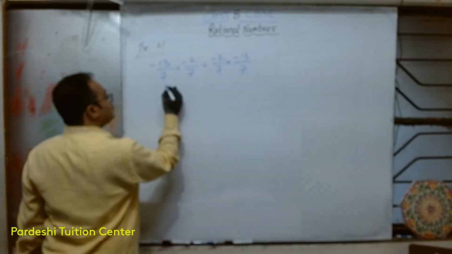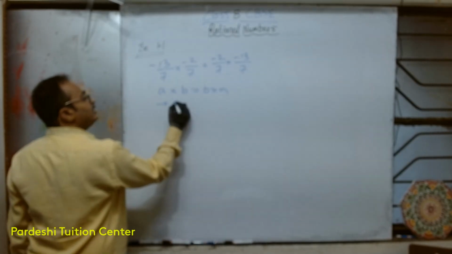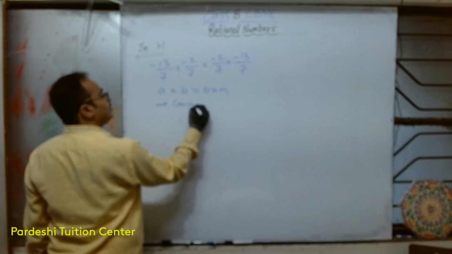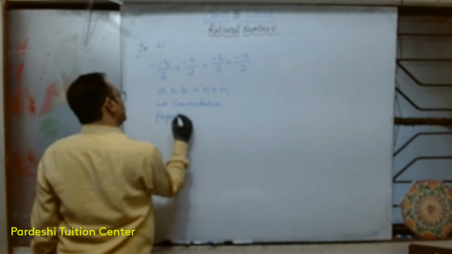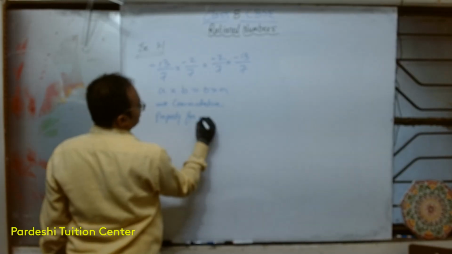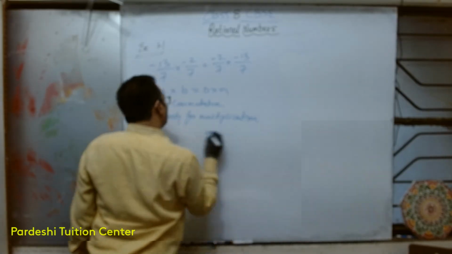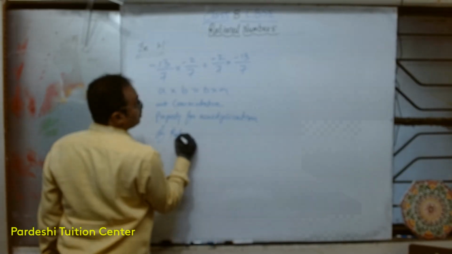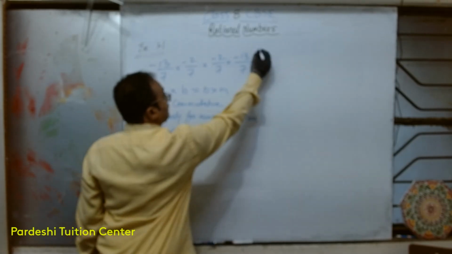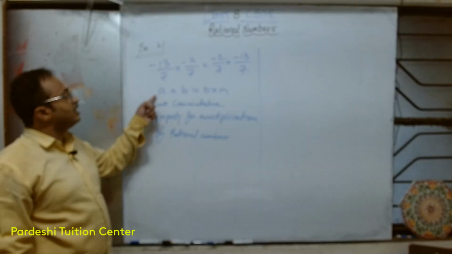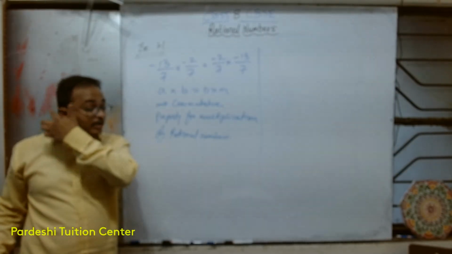So here it is very much clear that A into B is equal to B into A. So this property is called the commutative property for multiplication of rational numbers. So simple. If it is A, B, then it is B into A. This property is called the commutative property, as we have already learned.